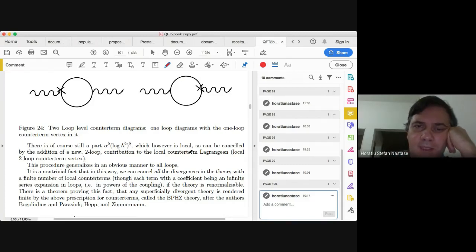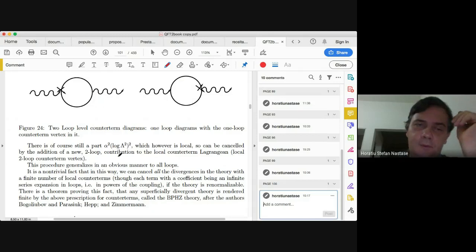So this must be cancelled by the addition of a new two-loop contribution to the local counterterm Lagrangian. So this is a two-loop counterterm vertex. We defined before this one-loop counterterm vertex. Now we have to add also a two-loop contribution to the counterterm vertex, the two-loop vertex.